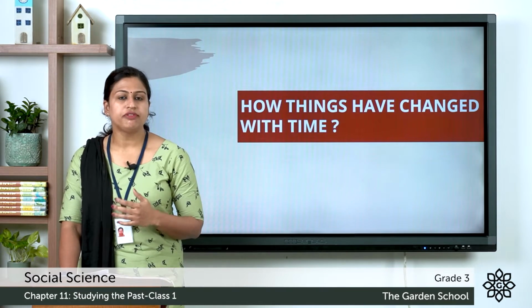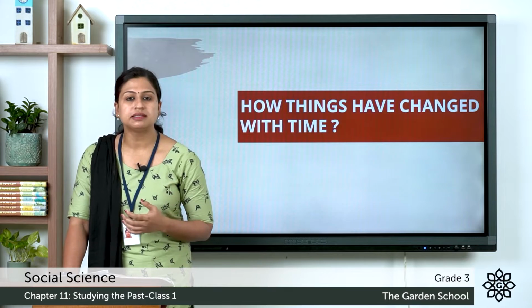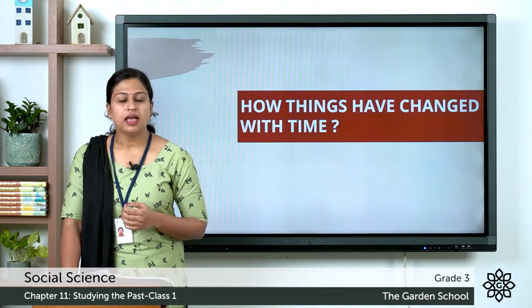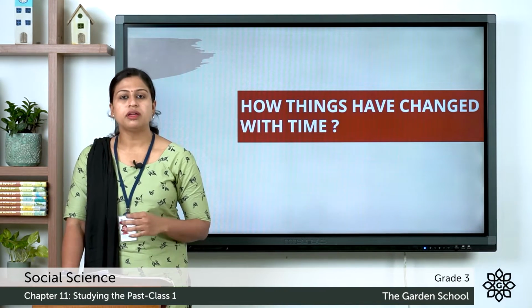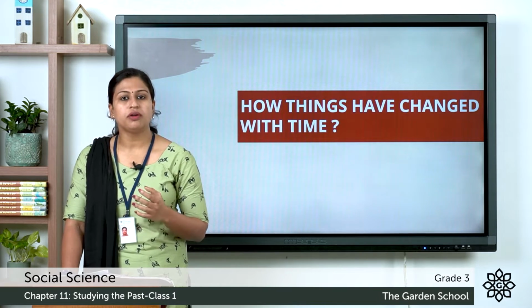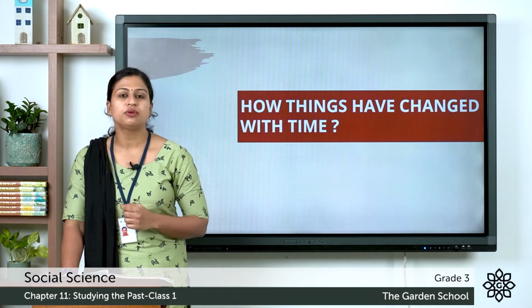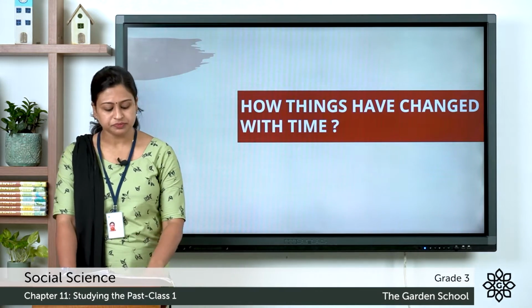In the case of your parents, you can write they used to go by local buses and by their own cycles. And in the third column, you can write that you go to school by your school bus or your own convenience. You might have different answers, so you can write your own answers also.